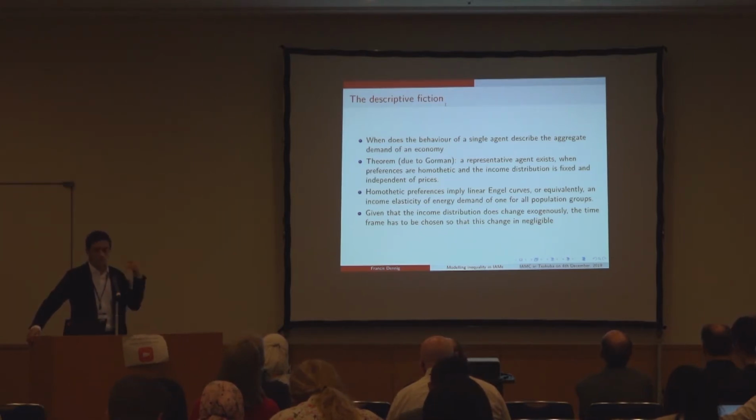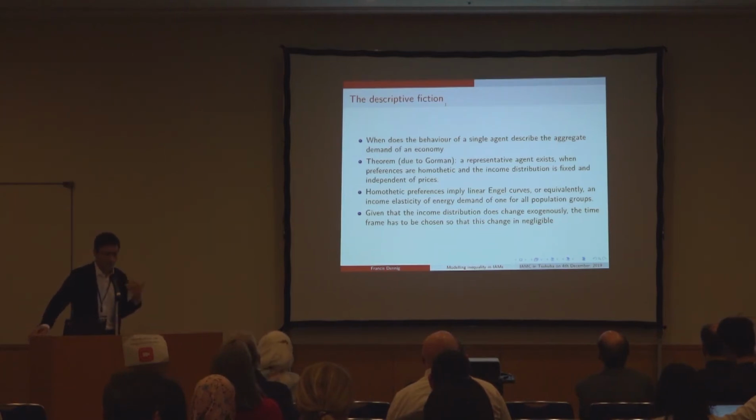Income distributions are known to move very slowly, but if we model things over decadal time steps or even centuries, then the income distribution will change. So even if you've ascertained that the Engel curves are straight lines, over longer time horizons it will no longer be a good description of consumption once the income distribution has changed, to be using the representative agent that was calibrated to today. And that's if Engel curves are straight, which very often they're not.